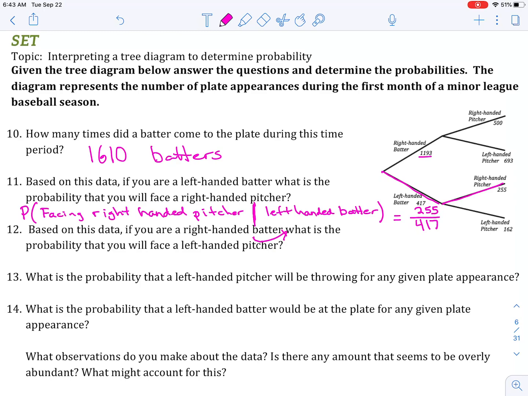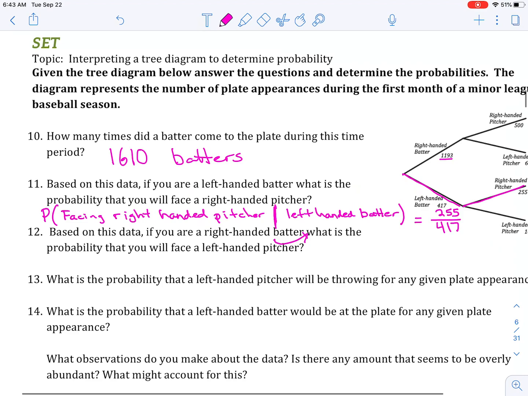Based on the data, if you're a right-handed batter, what is the probability that you'll face a left-handed pitcher? This is kind of the same thing in reverse. I'm not going to write the whole thing out, but basically you have your line here, and you're given that you're a righty, a right-handed batter, and then you're facing a lefty.